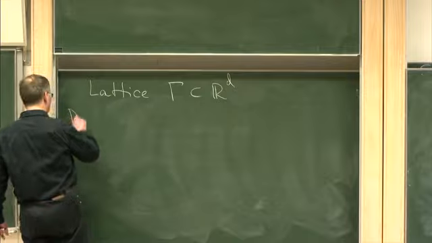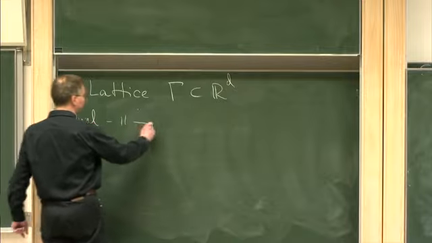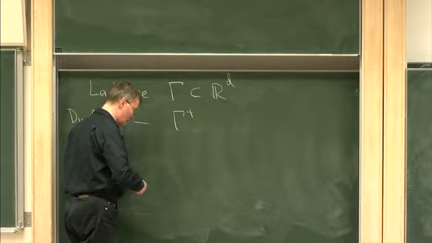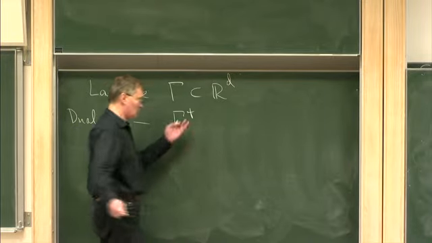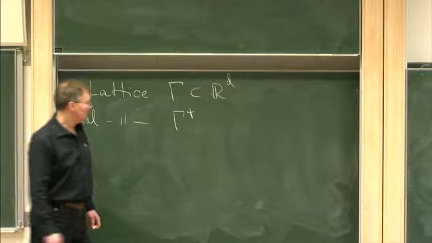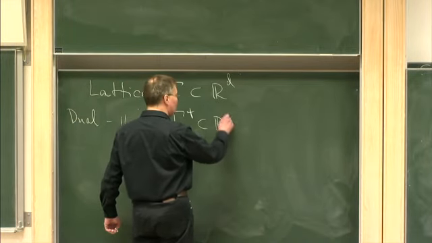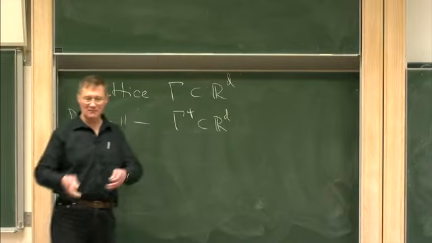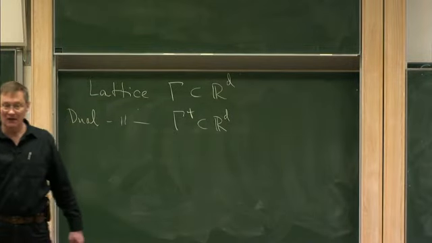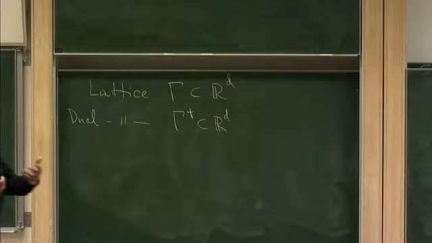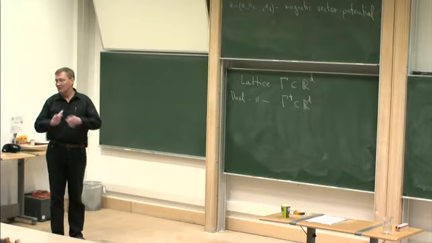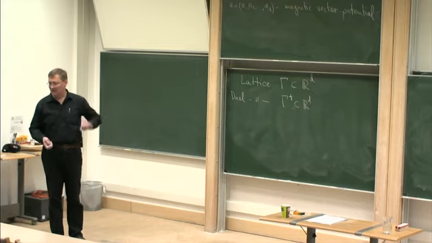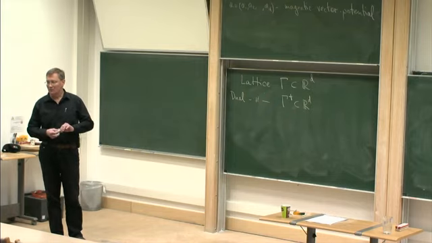Then I have the dual lattice, which will be denoted by Gamma dagger. It will be convenient for me to assume that they live in the same space. Peter emphasized that he wants you to see those two things in two different spaces. For me, it doesn't really matter. I just identify those two spaces with one another.